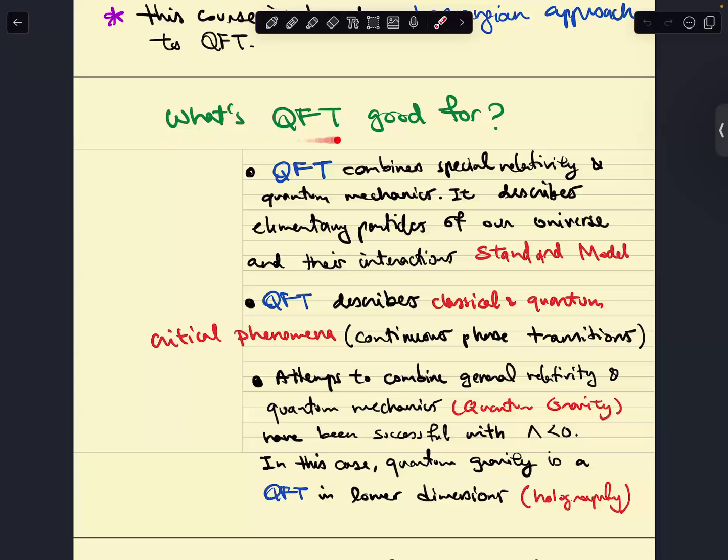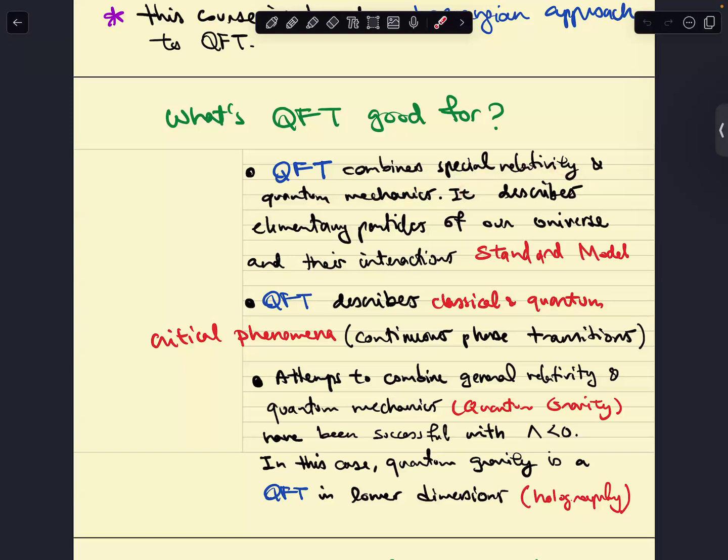All right, so what's quantum field theory good for? Quantum field theory combines special relativity and quantum mechanics. It's the only framework to do so. As we will discuss in the next lecture, special relativity and quantum mechanics could not be merged without quantum field theory.